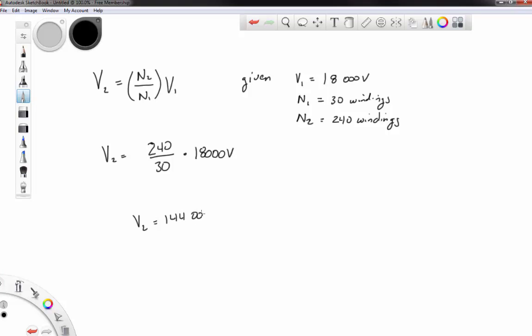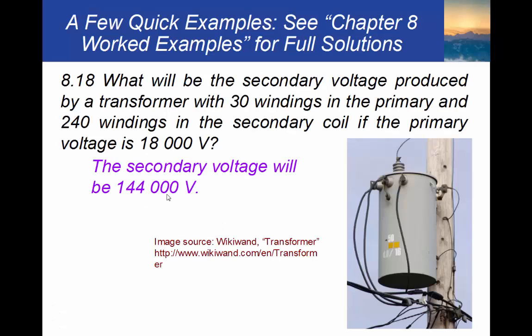So V2 is 144,000 volts. That is our output voltage from this transformer, and the output voltage is also the secondary voltage.